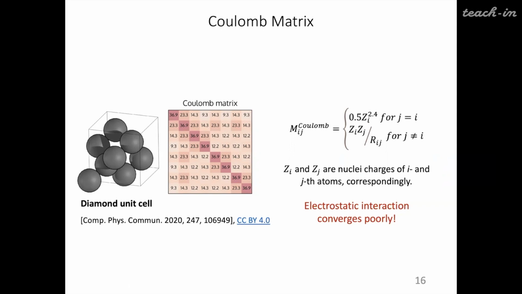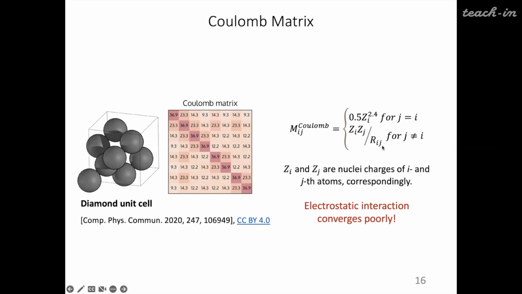And there is a significant problem with Coulomb matrices, caused by the fact that electrostatic interactions converge poorly. Here we have the interatomic distance in the first power.